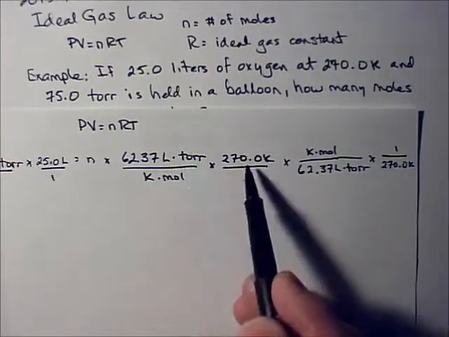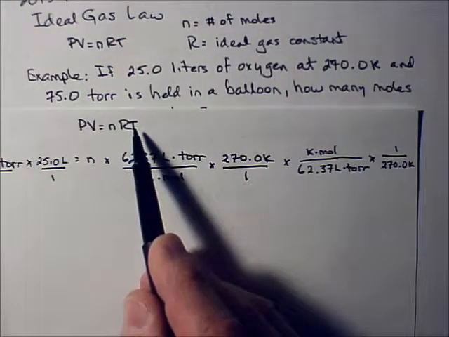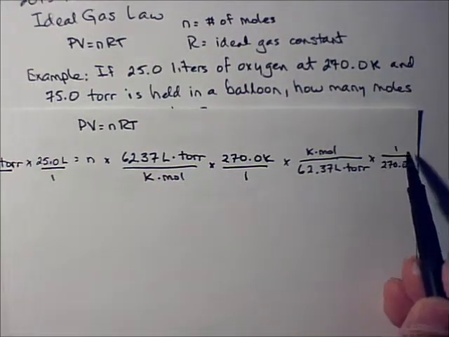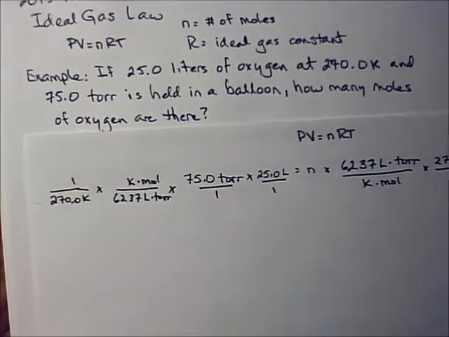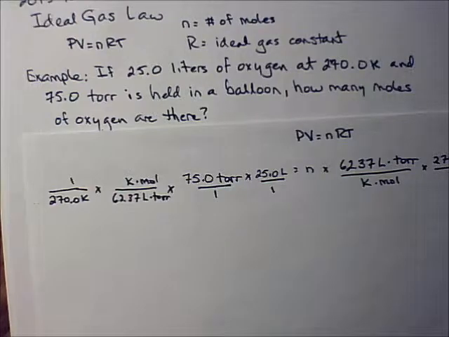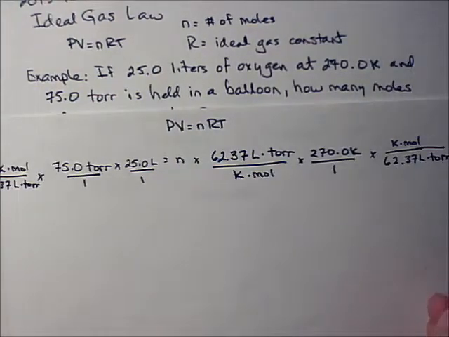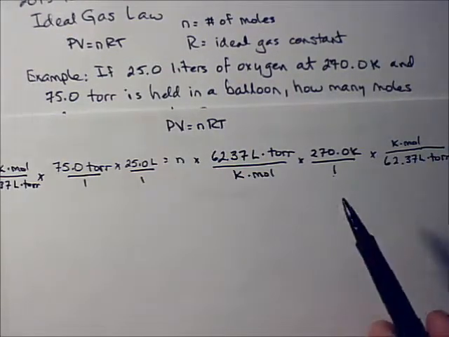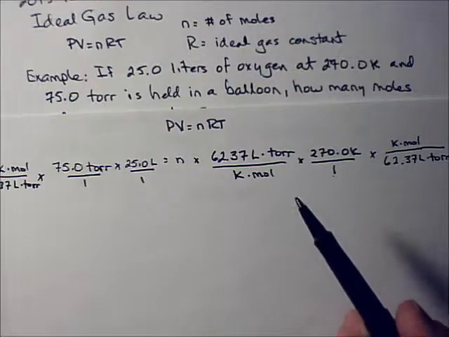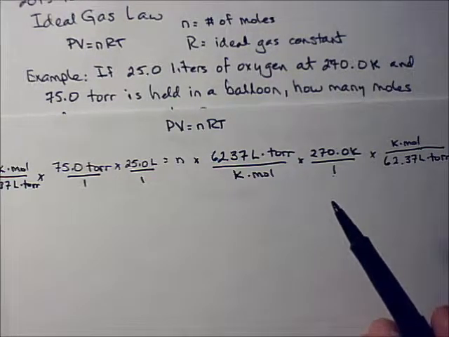This 270.0 K is this T. This is the thing we added. That's all we have to add on this side. But you have to put the T on this side over there. It's easier to tell how to cancel things when you put it over one. So I'm suggesting that you do that.